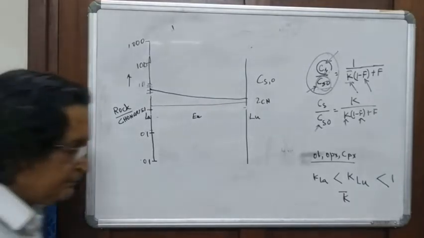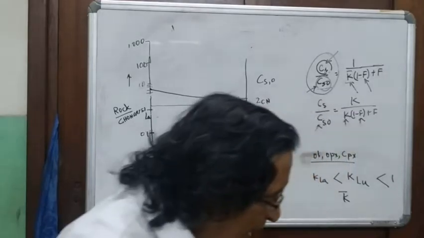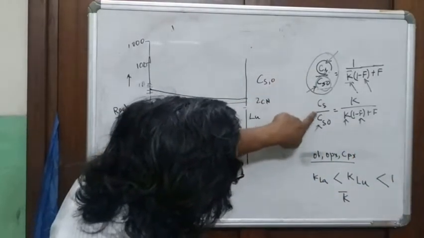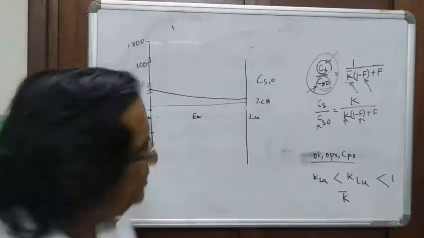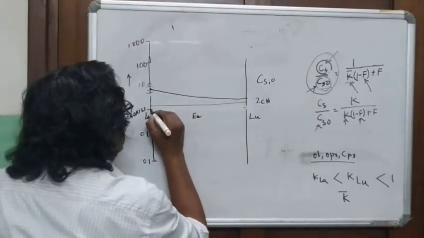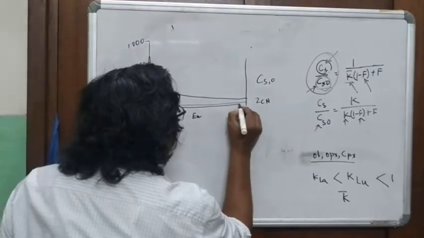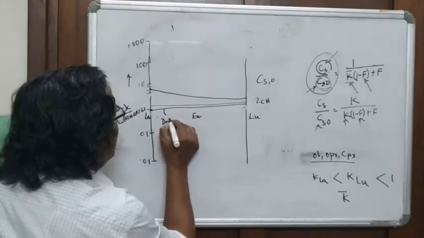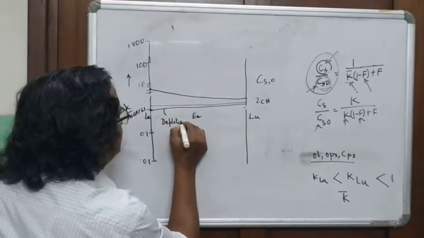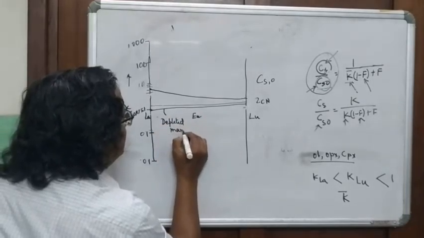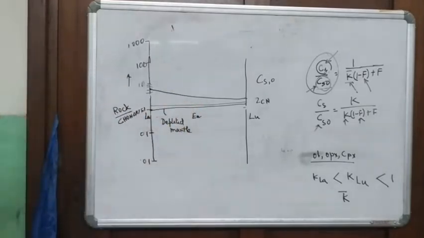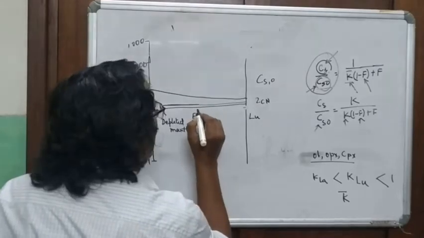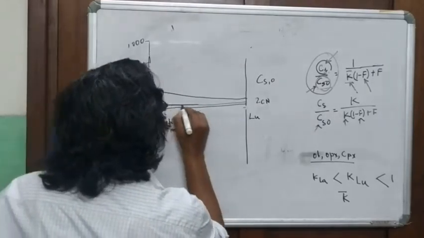Once that melt is there, that means I have found CL, so now I can also find CS. And CS would occur somewhere here. This is the depleted melt.